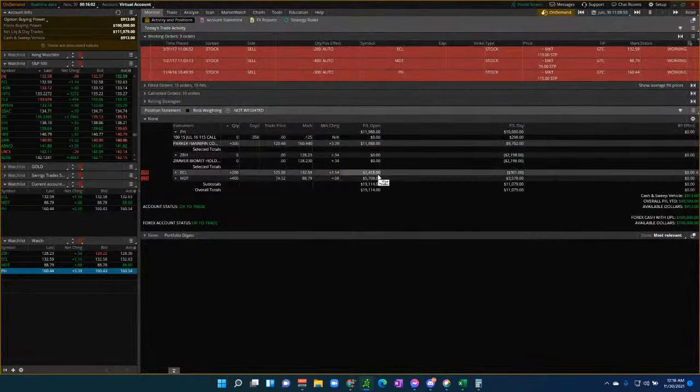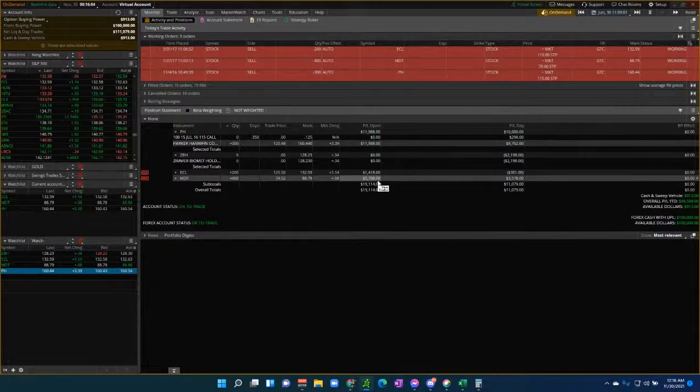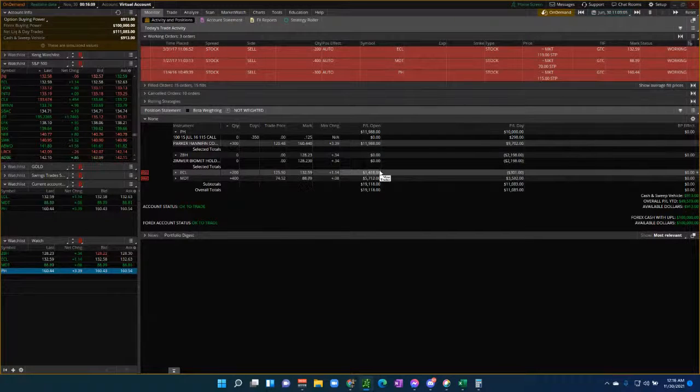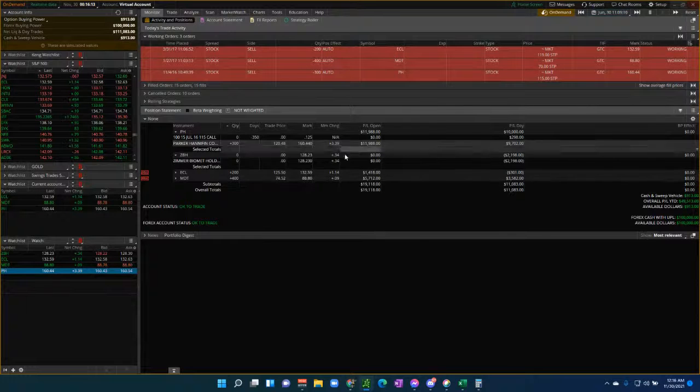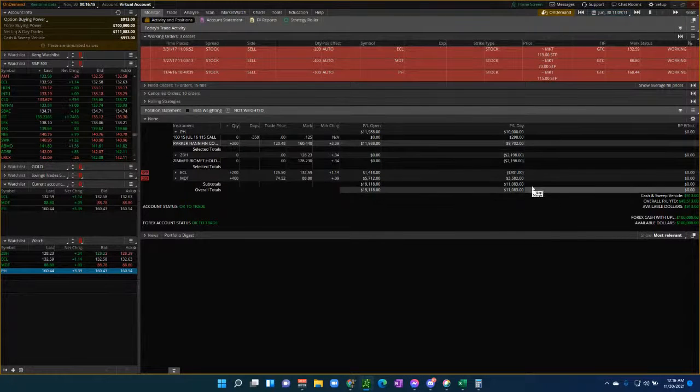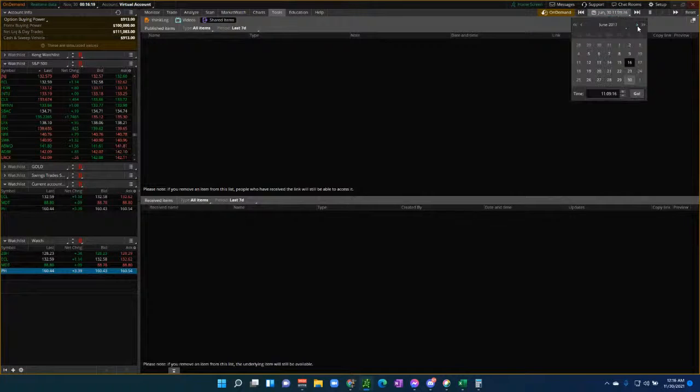MDX is going up, ECL is still hanging in there. We're $20,000 up on all our positions. Overall, we're up $11,000. So that was our first full year already.